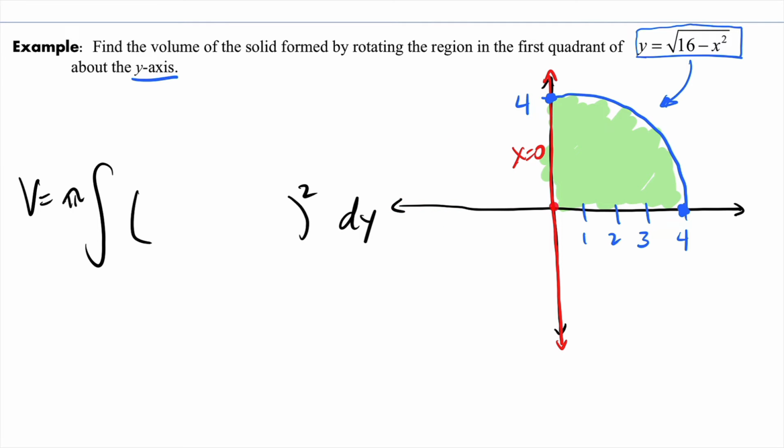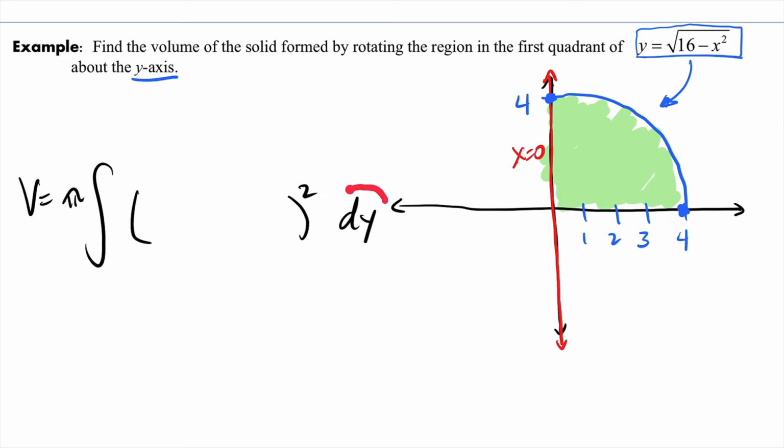So the radius is from the center to the edge. We always start with the edge and come to the center, which is always going to be the axis of revolution, wherever it's revolving around. Okay. So this guy right here is x equals 0.